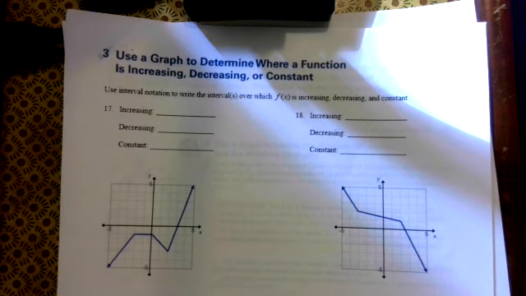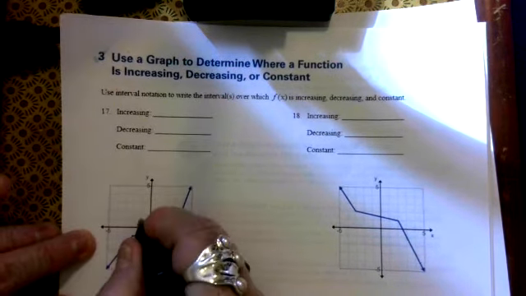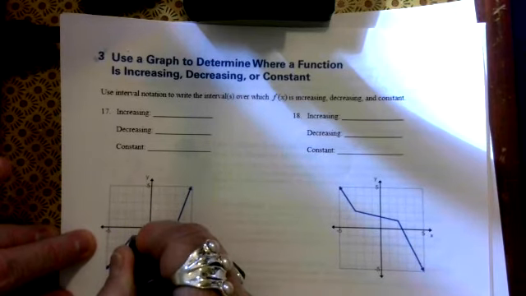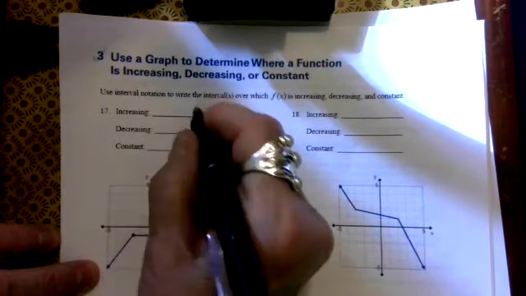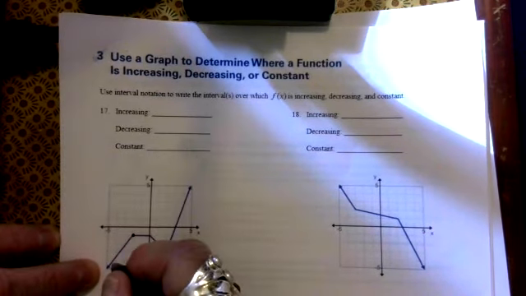So if we look at this first graph, it starts off increasing. So from here up to right here, it's increasing. Now that interval, and remember in interval notation, we put the x values.